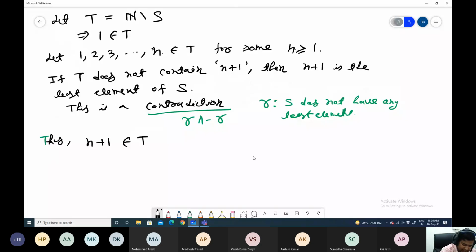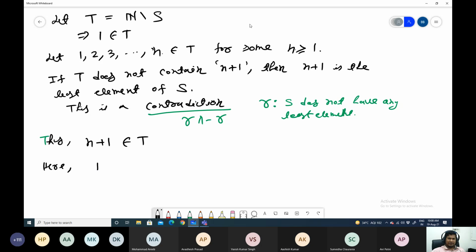Now if you look at the statement here, 1... Sir, we have assumed that S is a non-empty subset. So from this induction part, we can prove that all the elements belong to T and S is an empty subset. And this also comes.